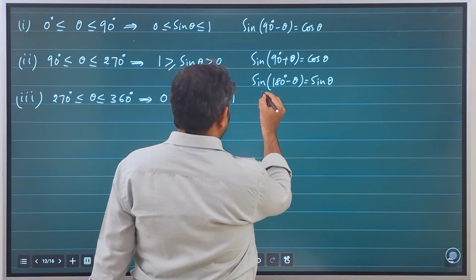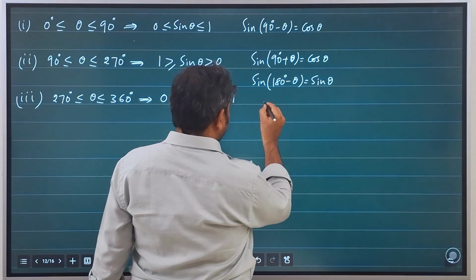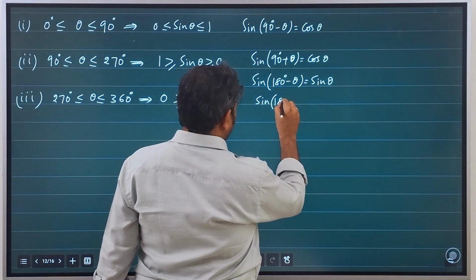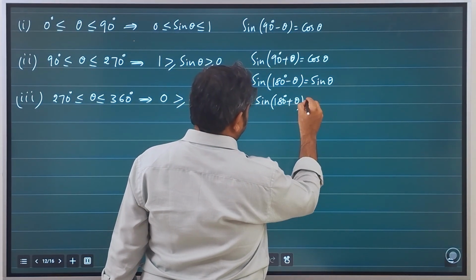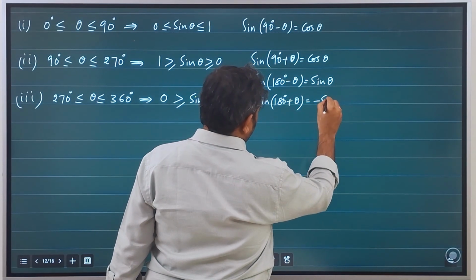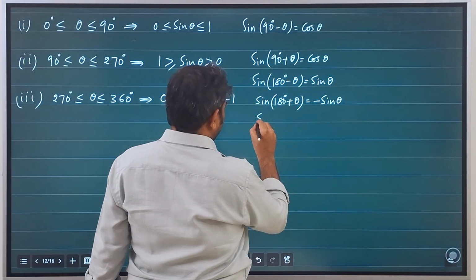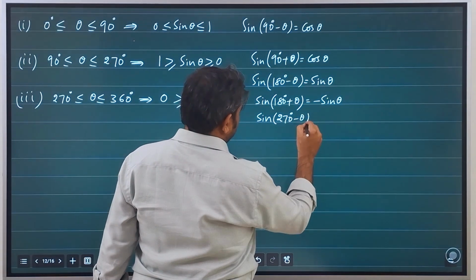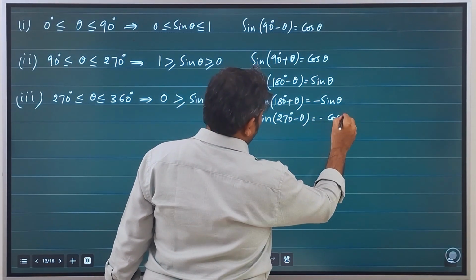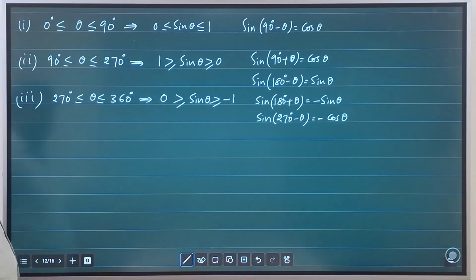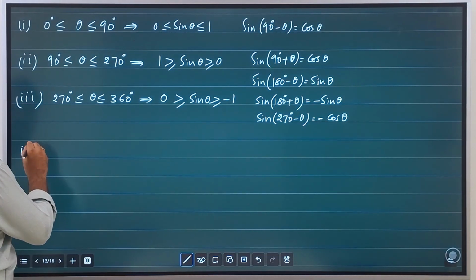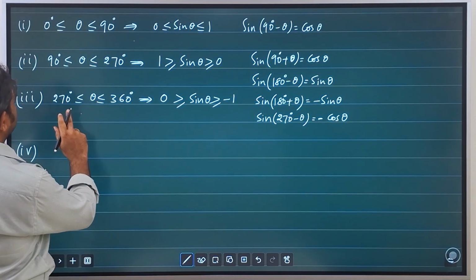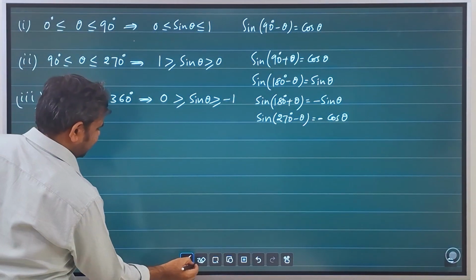So here again, if you write down the identities, in the third quadrant, sin of 180 degrees plus theta is equal to minus sin theta. Sin of 270 degrees minus theta is equal to minus cos theta. Next, in the fourth quadrant, we made a mistake.